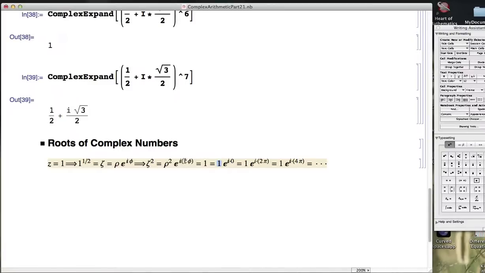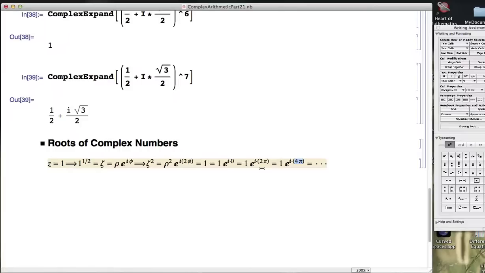What about phi? Well, whatever we choose for phi, 2 phi has got to be either 0 or 2 pi or 4 pi or 6 pi or negative 2 pi or negative 4 pi. It's got to be a multiple of 2 pi, so phi itself has got to be a multiple of pi. Think about that. If phi is a multiple of pi, think about the polar representation of complex numbers.